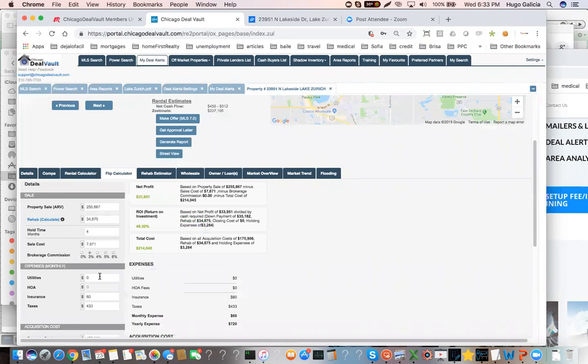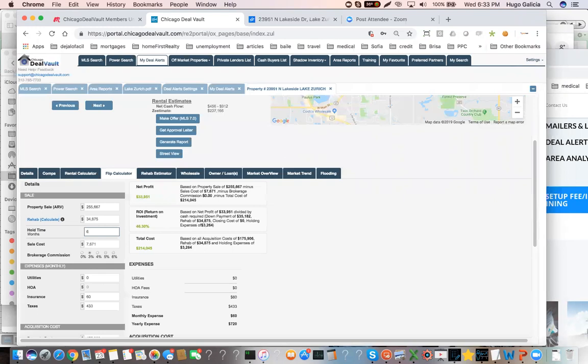Okay, so that means that we're gonna need to put in at least 6 months to be conservative. It took us 5 weeks for the rehab, but we're gonna count 2 months plus 4 months for market time. So 6 months to do a fix and flip, okay?